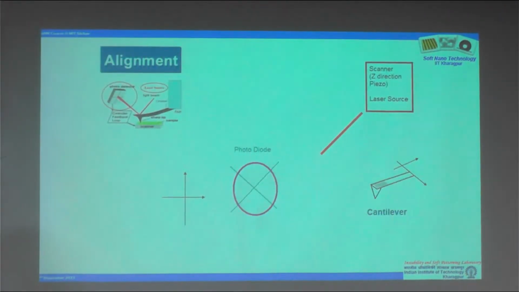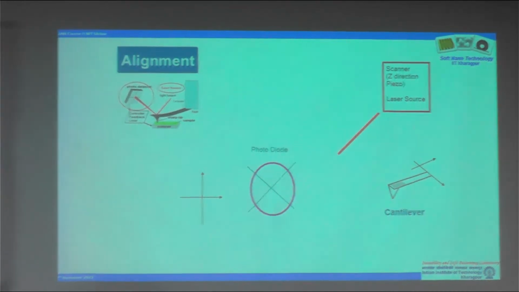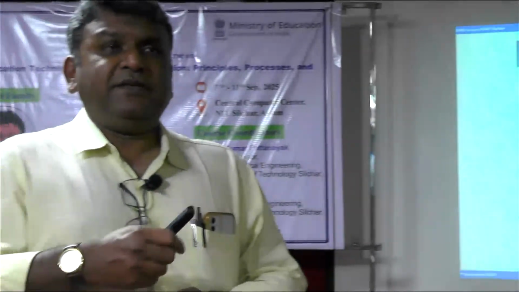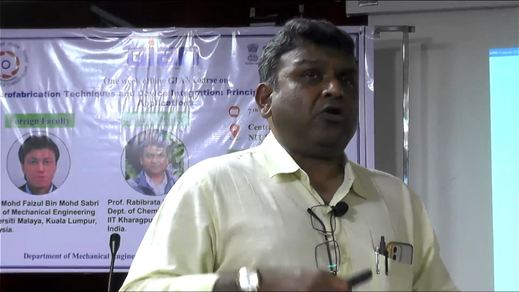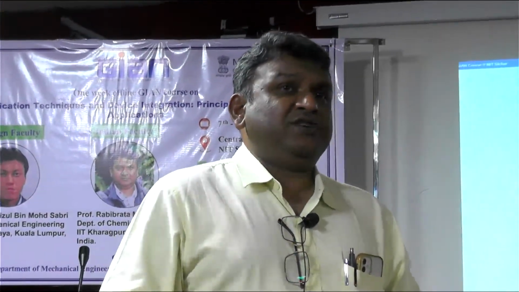And now what we do, we basically now have 3 different hardware components. We have a laser source, exactly like this one, a smaller diameter laser. We have a photodiode somewhere, and we have a cantilever, right? And what we have to do, the modern instruments actually do this coupling, what I'm going to talk about, automatically, but old-time users like me, I can still operate an atomic force microscope.